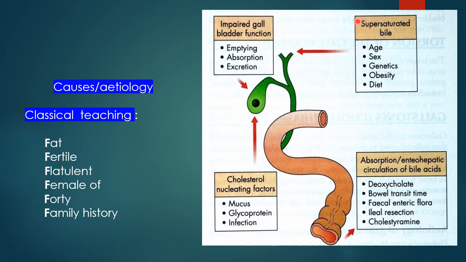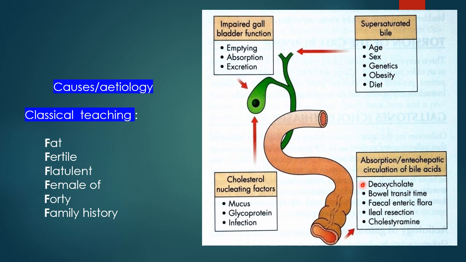Next is supersaturated bile. The bile that is formed in the liver and secreted into the bile ducts is supersaturated with certain components, and these are related to age, sex, genetics, obesity, and diet. The last factor relates to reabsorption factors in the small intestine which affect the absorption and the enterohepatic circulation of the bile acids.